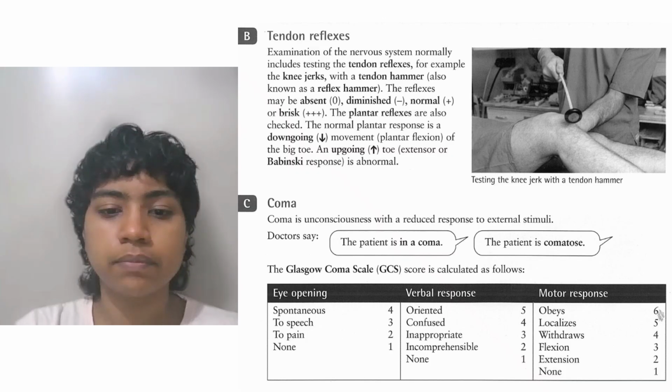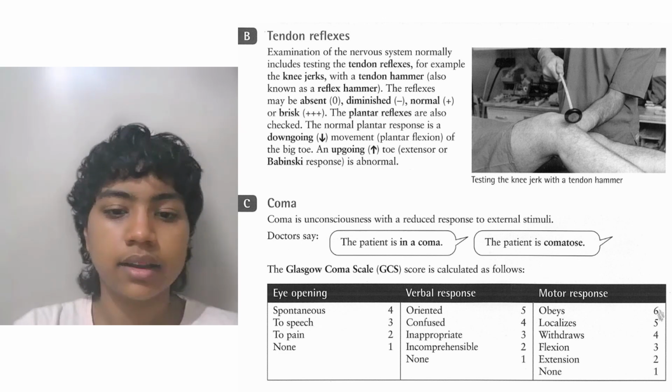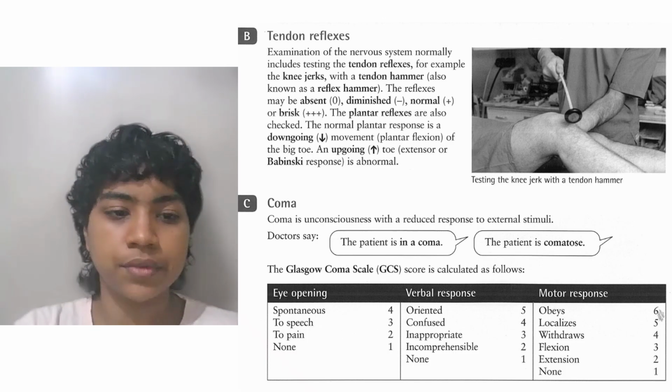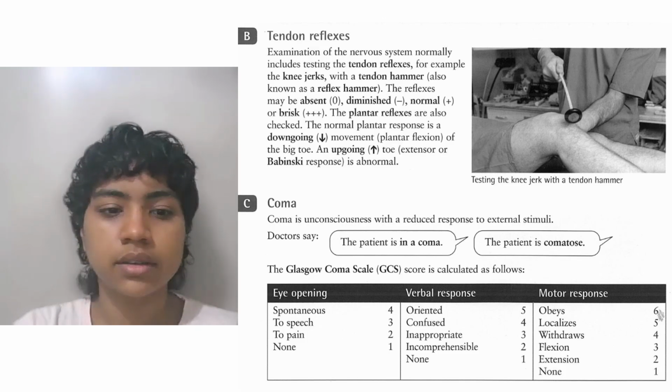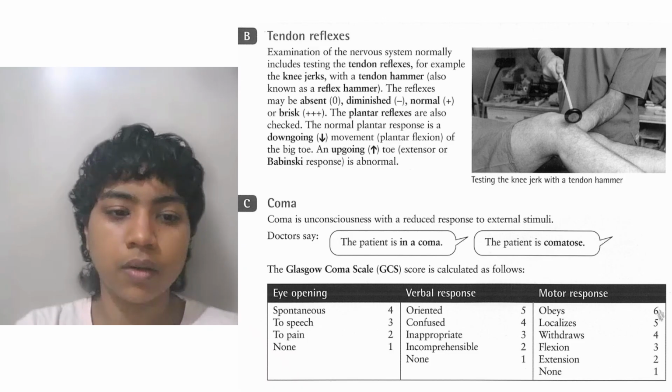Eye opening: spontaneous, to speech, to pain, none. Verbal response: oriented, confused, inappropriate, incomprehensible, none.